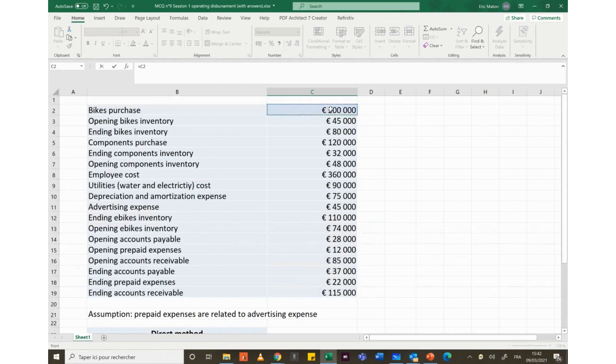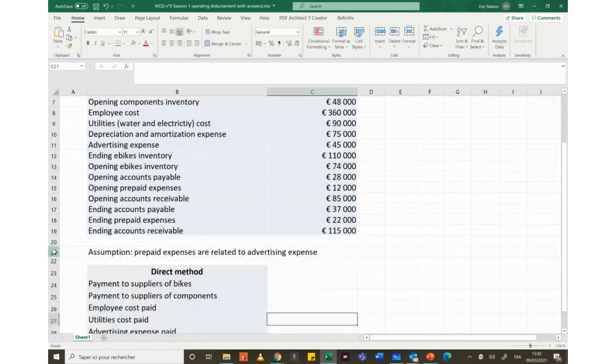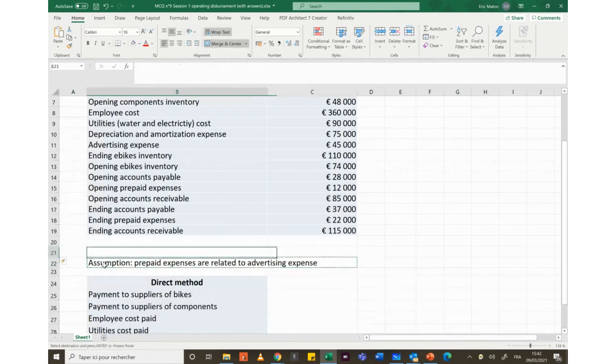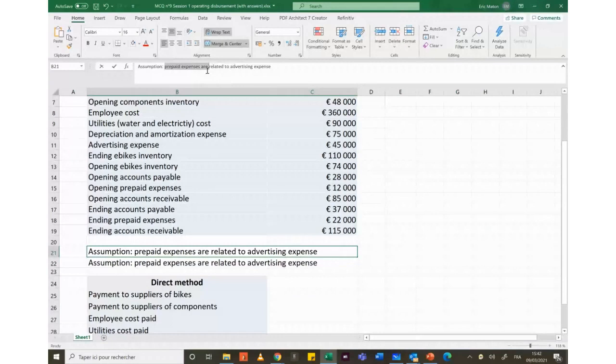So for the accounts payable, we have no information also for the accounts payable. So we suppose the accounts payable are related to suppliers of bikes. Okay, we put in this one.